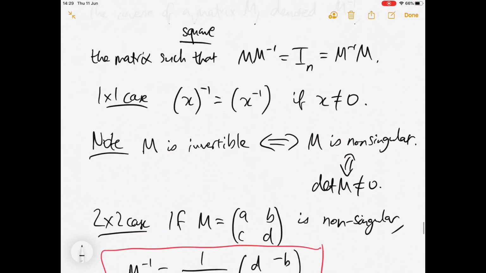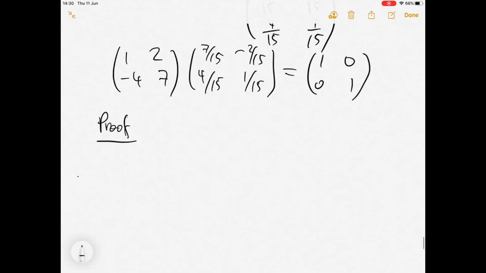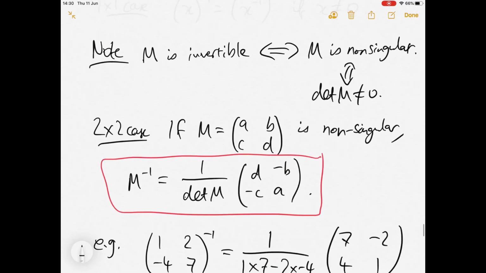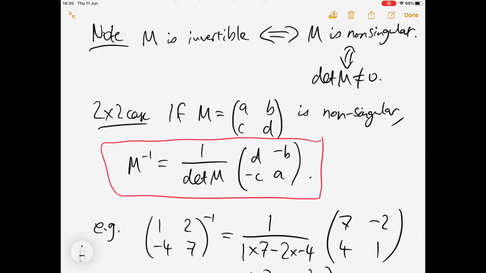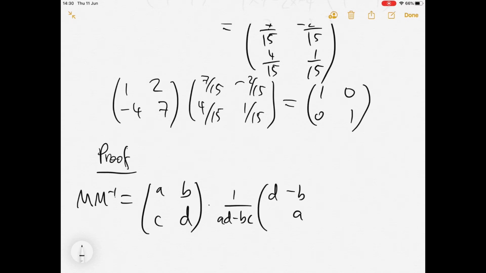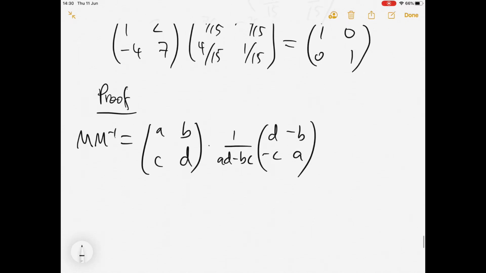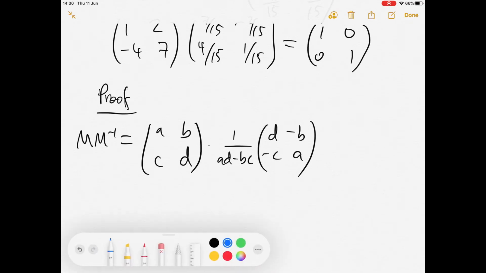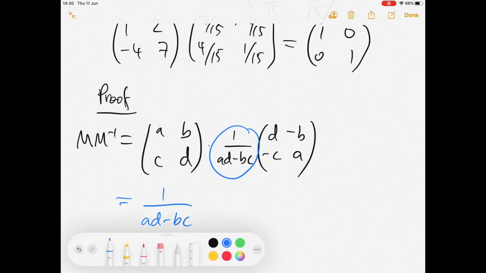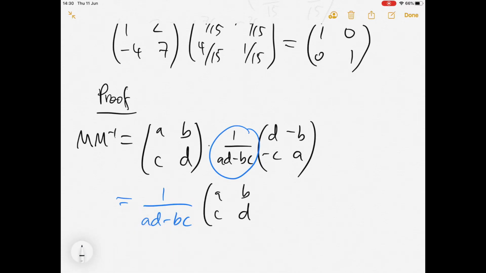We should really not call this M inverse just yet until we know it's the inverse, but we need to check that multiplying by this gives us the identity matrix. Notice 1 over the determinant is a constant, so I can bring that to the front. Then I need to multiply together these two matrices.